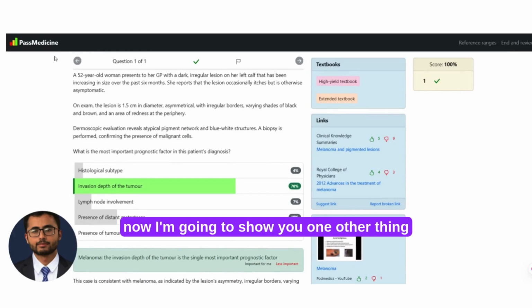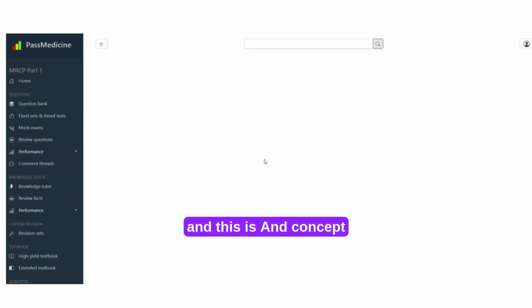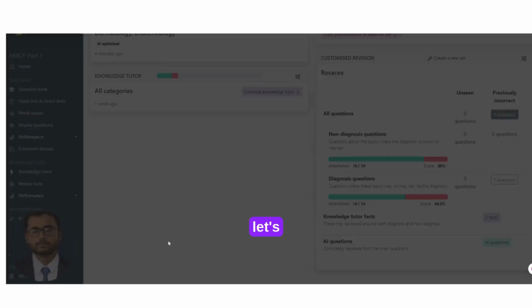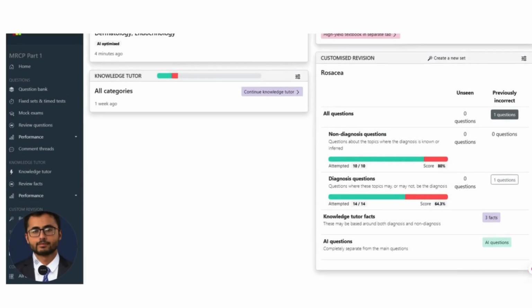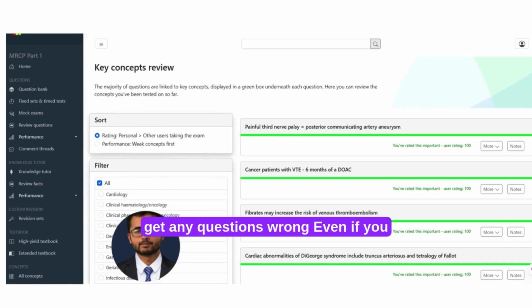Now I'm going to show you one other thing that has particularly made this question bank very favorable, and this is the concepts that they have given. Let's see, all concepts. If you get any question wrong, even if you get it right, they will have a short statement down like this one.